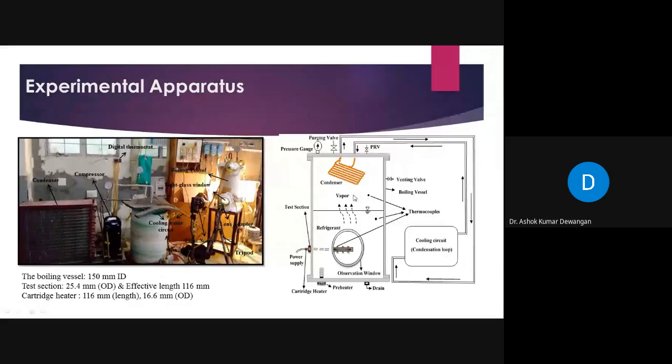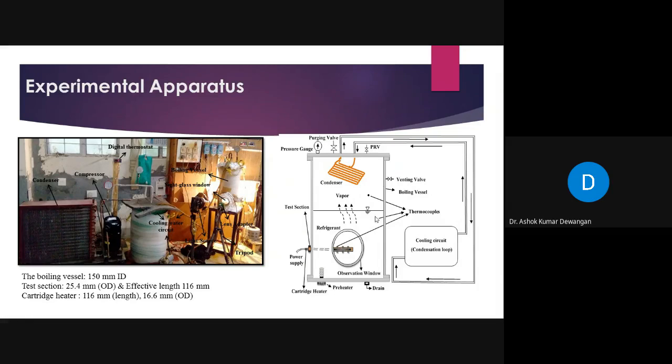and a condensing loop. Inside this boiling vessel there will be the internal condenser, and there will be some power supply arrangement. The cylindrical boiling vessel has a 150 mm diameter.